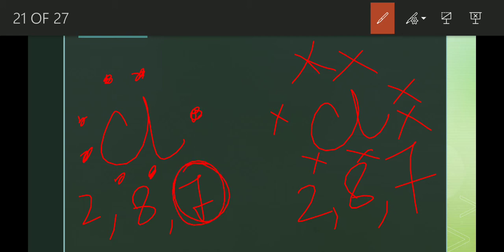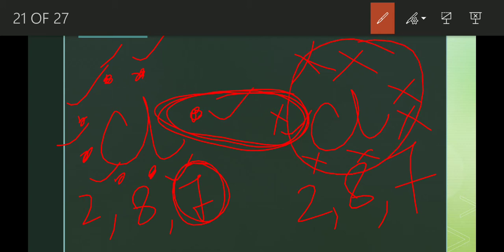So each chlorine will require another electron to attain an octet, to attain a stable electronic configuration, right? So they will share this particular pair of electrons. Now see, 1, 2, 3, 4, 5, 6, 7, 8. Same for this chlorine atom. In this way, a chemical bond is formed, which is a covalent bond.